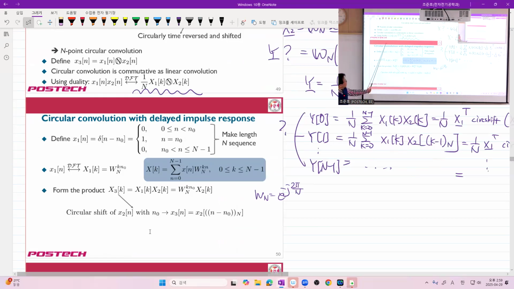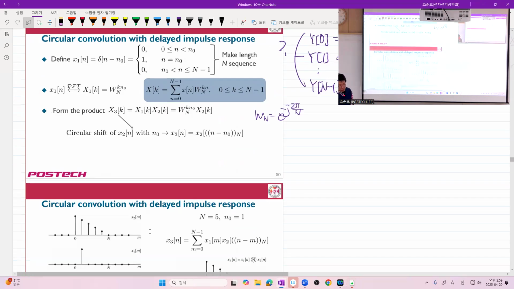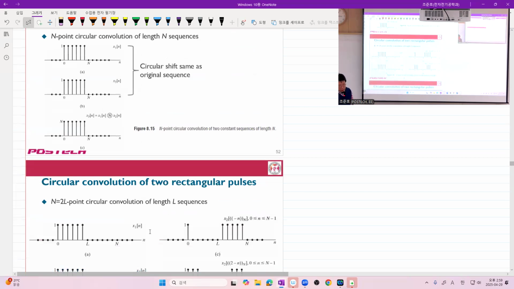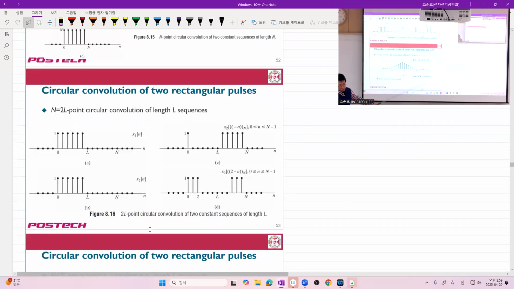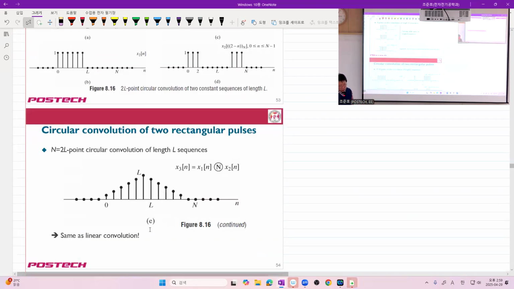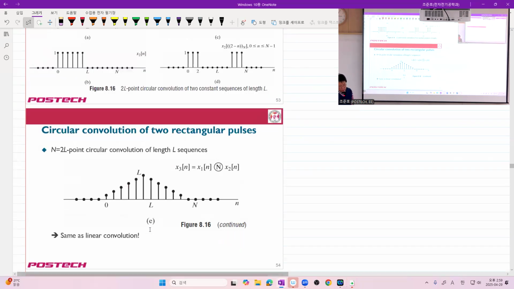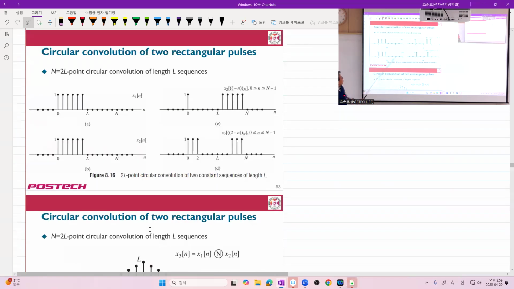This is a simple application, so you read it. They are just examples. So let me just see. In this case, just consider it this way.